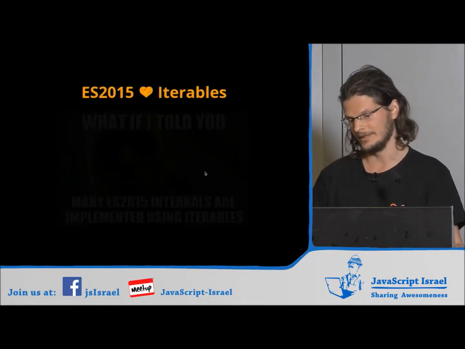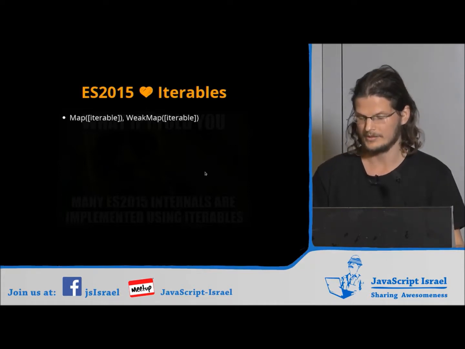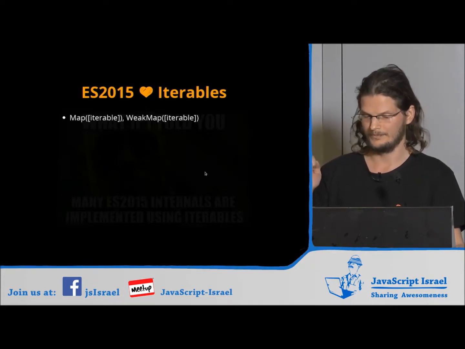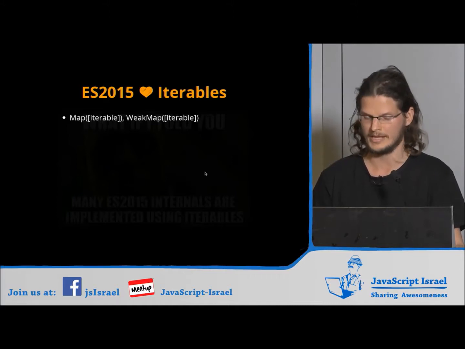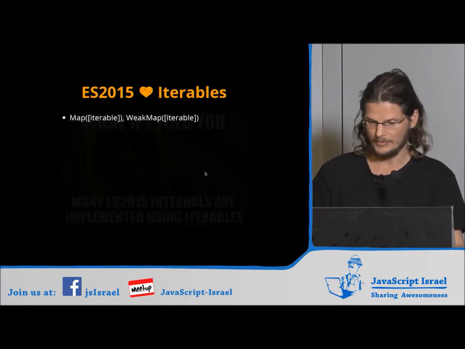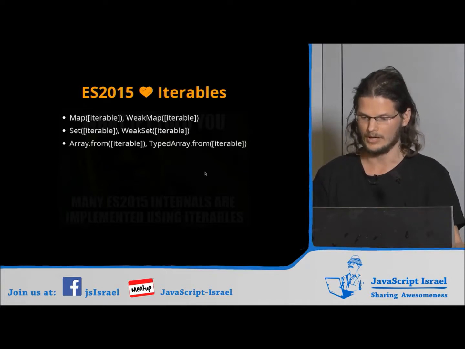ES2015 really loves iterables. And there's a lot of them. There's a lot of constructors, factories, and methods which receive iterables as input. So we have map and weak map. We have set and weak set. We have array from and typed array from.